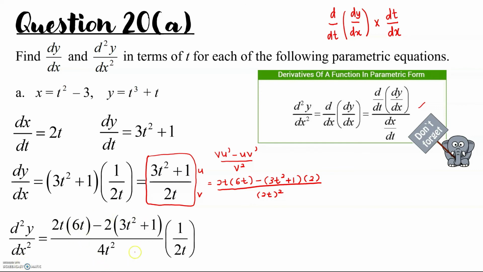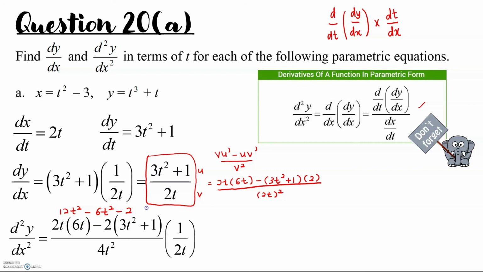And then we simplify this one. At the numerator part, you expand it, so you got 12t squared minus 6t squared minus 2.